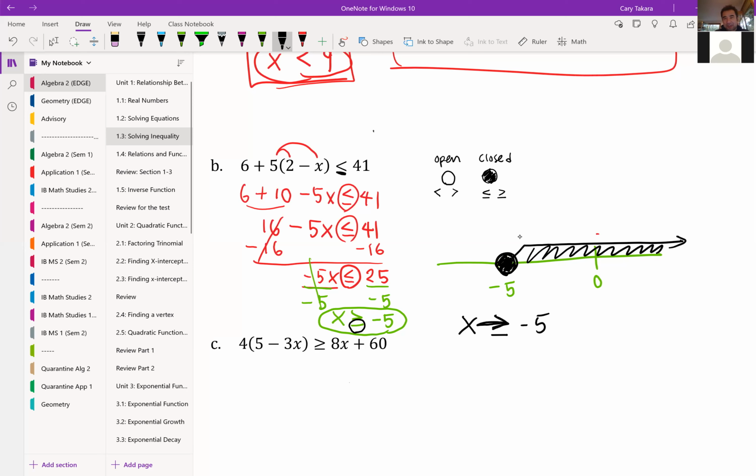And so you can just extend the line in the same direction as the arrow. Since the arrow is pointing to the right, you're going to shade the right side of negative 5.